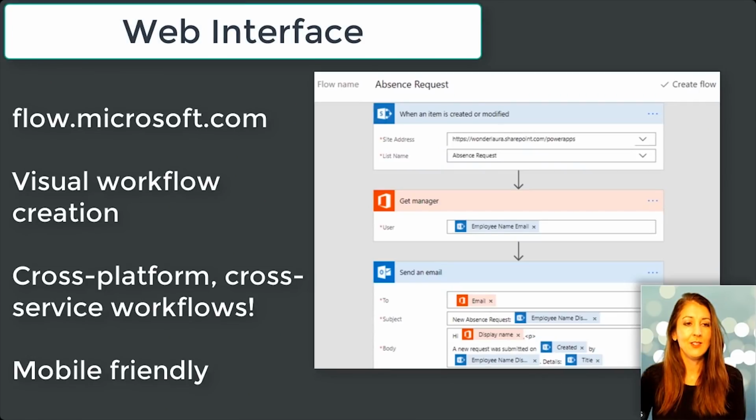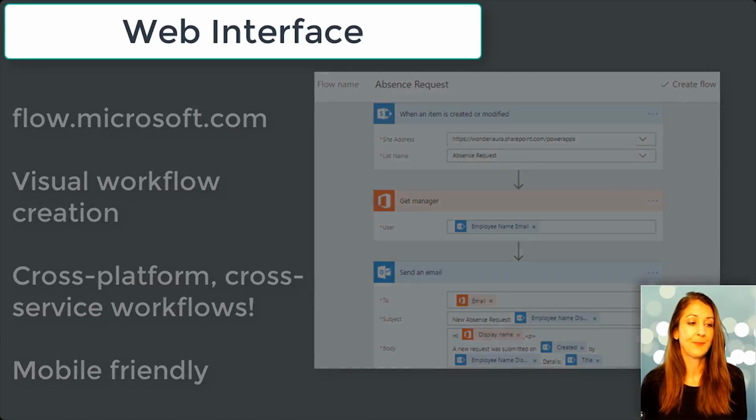All right, now let's talk a little bit about Microsoft Flow itself and some of the still on the quick, easy side things that you can do within Flow beyond request sign-off. You can go to this Flow page, flow.microsoft.com, and you have this visual workflow creation platform.